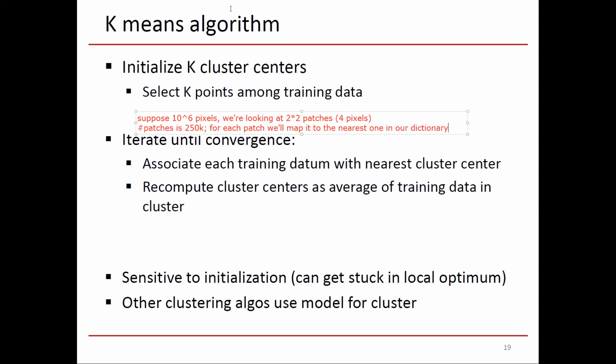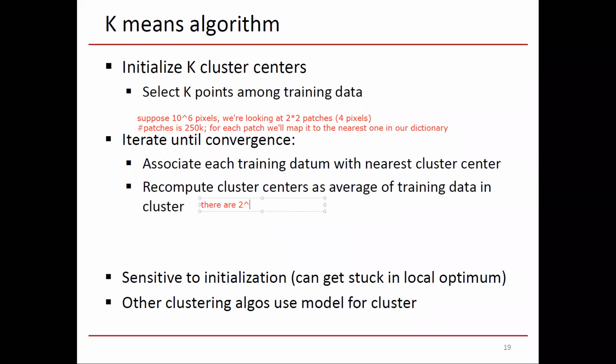Okay, so now let's look at these iterative steps. Again, there are 2 to the power of b, for bits, patches in our dictionary. And to keep it simple, suppose we're doing 2 by 2 patches, 4 pixels.